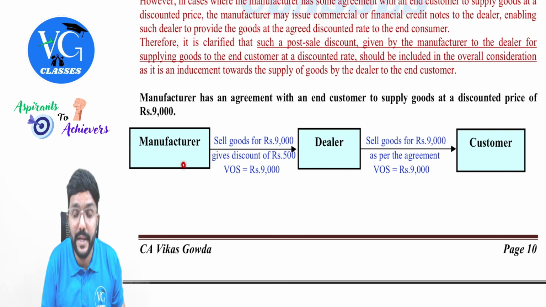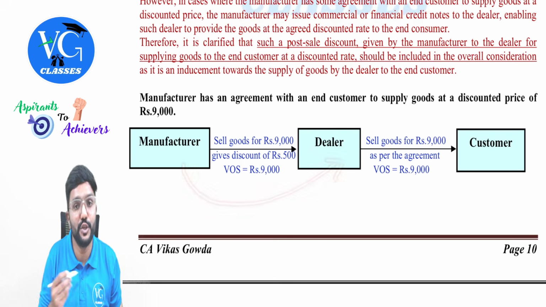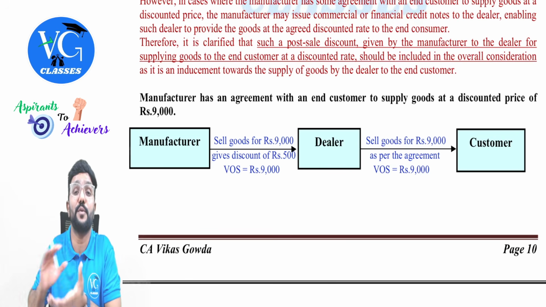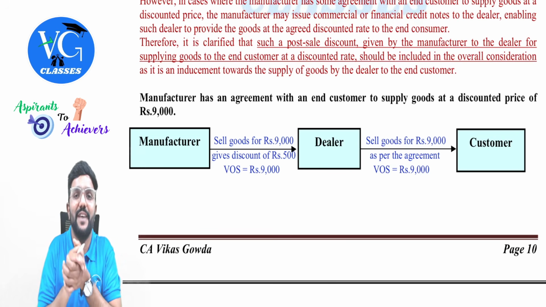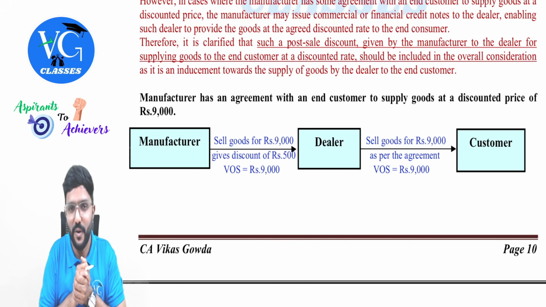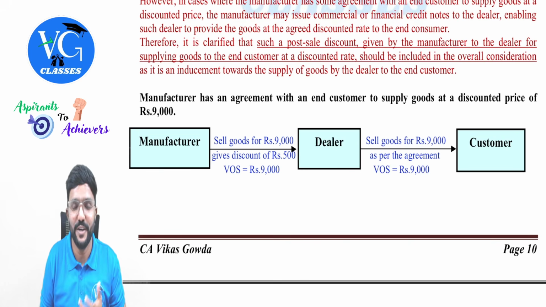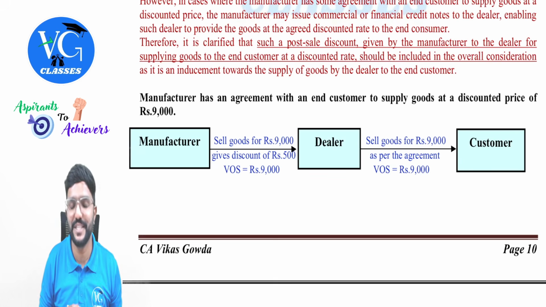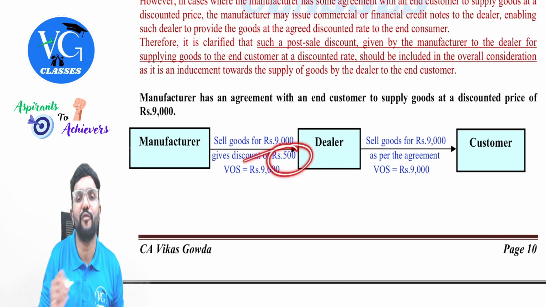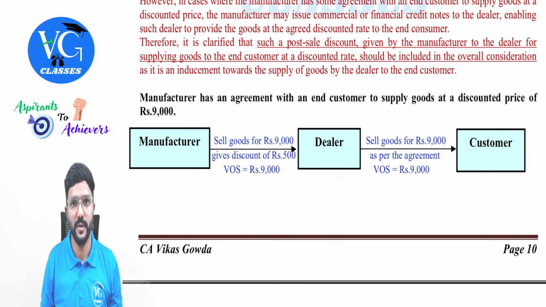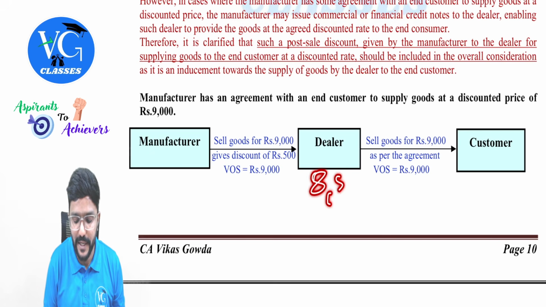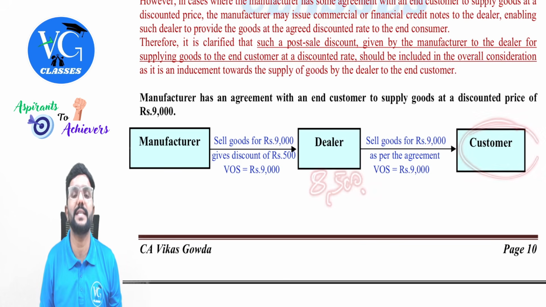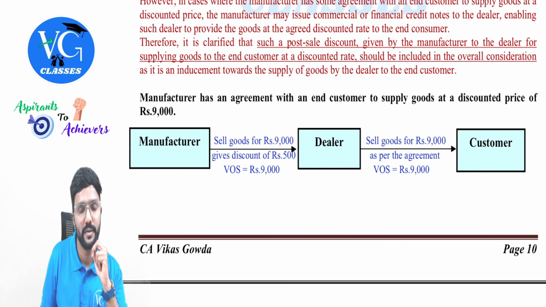It means the supply is already made from manufacturer to dealer for 9,000. Just because the manufacturer has promised the recipient that he will sell the product for 9,000, obviously the dealer will not agree to buy at 9,000 and sell at 9,000. So the manufacturer is giving a discount of 500 to the dealer. So what is the net purchase price for the dealer? 8,500. And he is ready to sell this to the customer for 9,000.